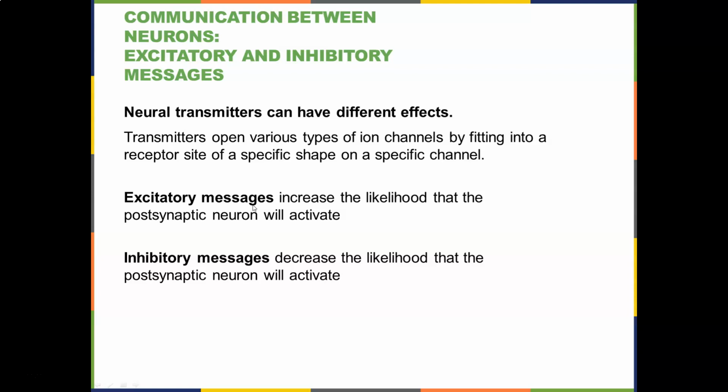All that means is one neuron is increasing the likelihood that the next neuron is going to fire or activate. But sometimes a neuron might send an inhibitory message, and that decreases the likelihood that the second neuron is going to fire or activate.